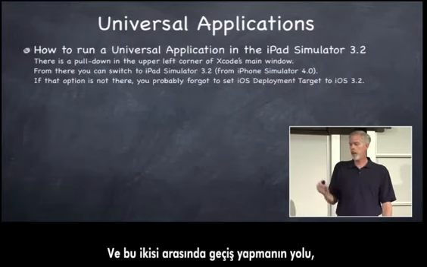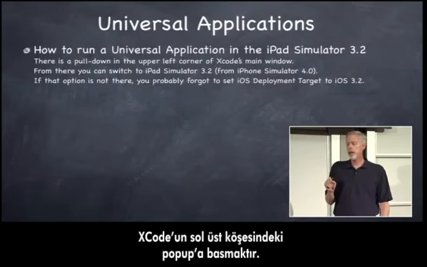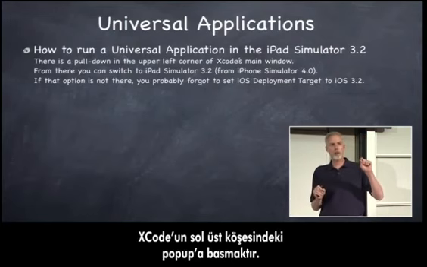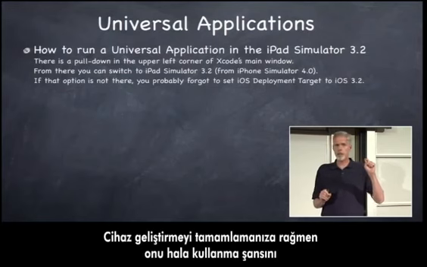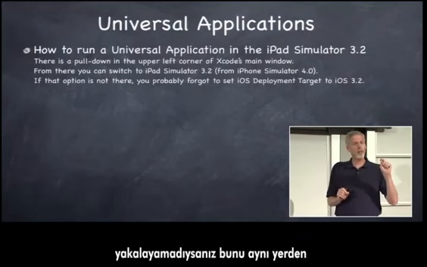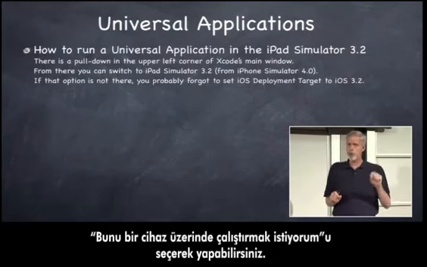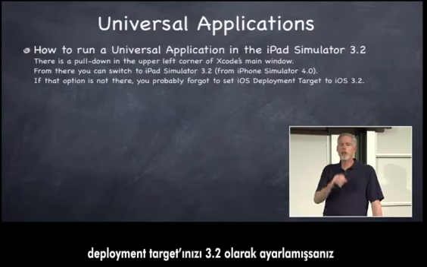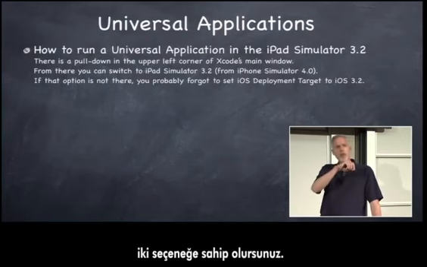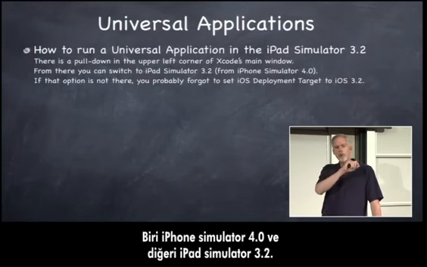And the way you switch between those two is a pop-up in the upper left-hand corner of Xcode. You've probably seen it there already. You haven't really had occasion to use it so far unless you've done device development, because that's the same place you go and choose that you want to run it on a device. You simply go up there, and if you've set your deployment target properly to 3.2, you'll have a choice. There'll be two choices there: iPhone Simulator 4.0 and iPad Simulator 3.2.